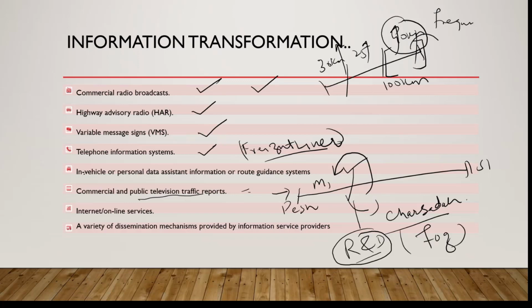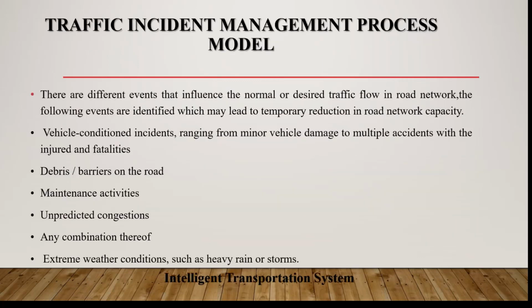Okay. And again, the internet is very important in order to transmit that information. We have different types of traffic incident management processes, which work, for example, to connect one vehicle with another vehicle to reduce minor damages or even fatalities as well.